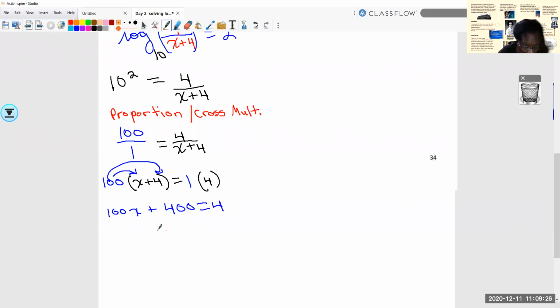And do addition and subtraction. It's linear. Okay, and as I do that, we get negative. This is going to be negative 396. Divide by 100 on both sides. It's a big number. So I'm not intimidated. That's going to be a big number.